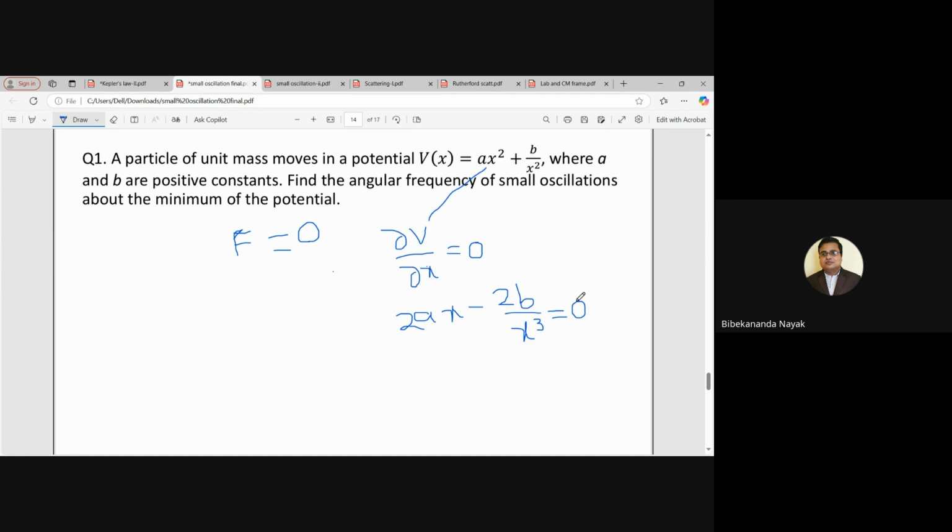So what is the value of x? Take it to one side, so it will become this. The 2 cancels. So what do you get? X cube times x, x to the power 4 is equal to b by a.